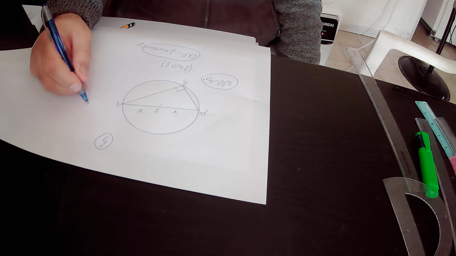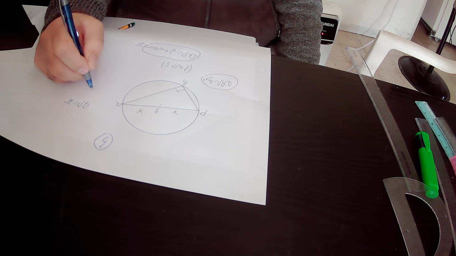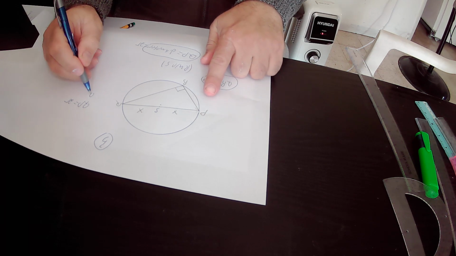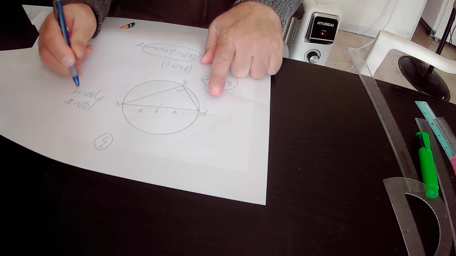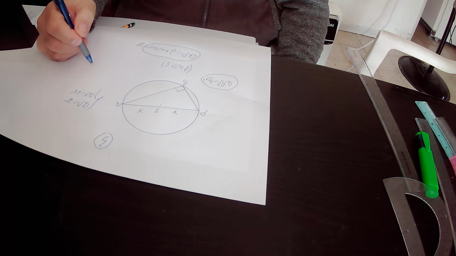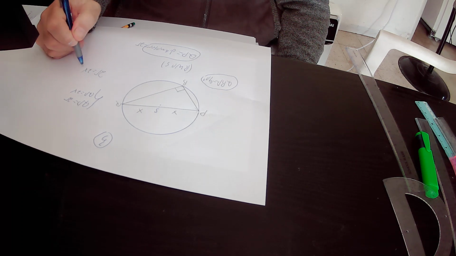Again, the diameter QP equals 2R from one side, and from the other side, QP equals 2X. Therefore, from those two equations, we derive that 2R equals 2X.